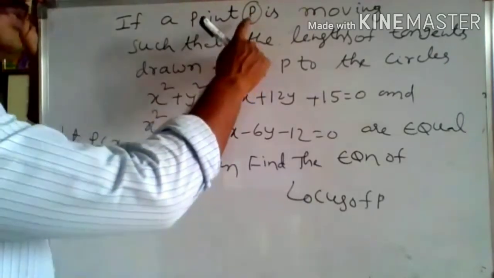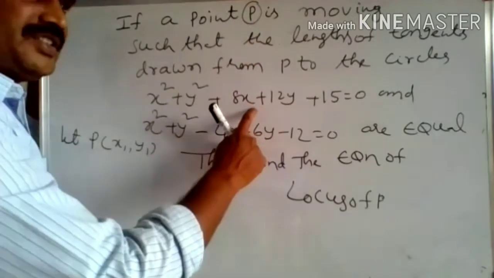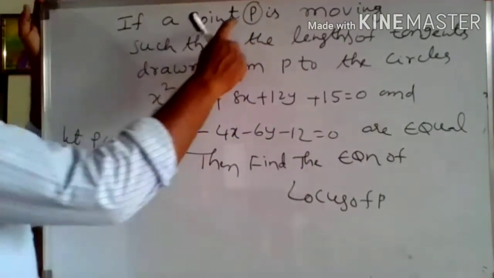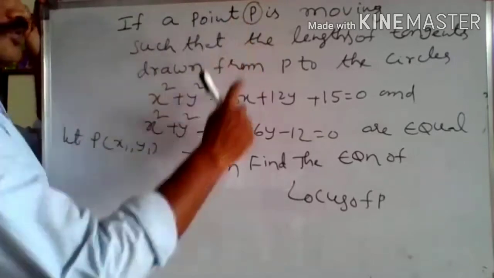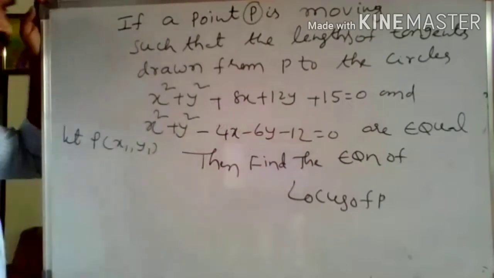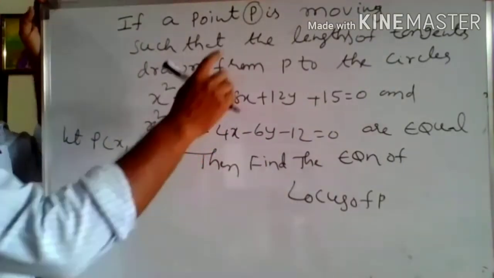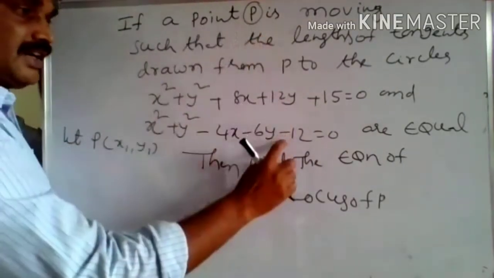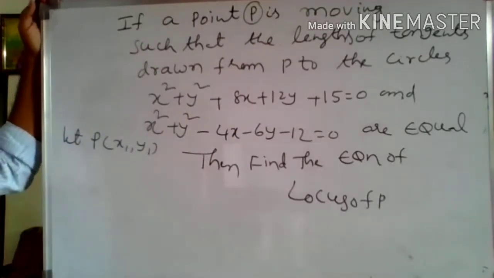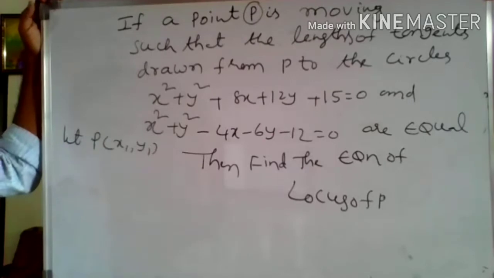Here the length of tangent from P to the first circle and to the second circle are equal. Find the equation of the locus of P.